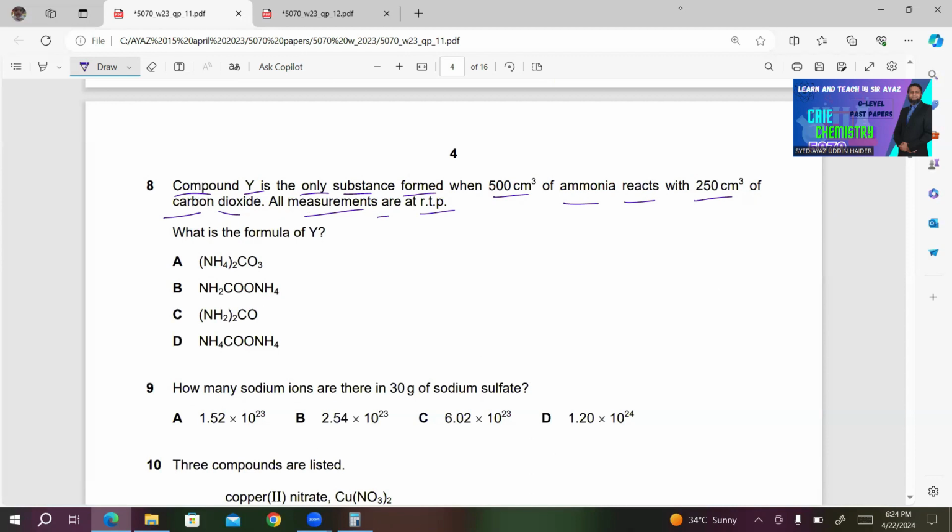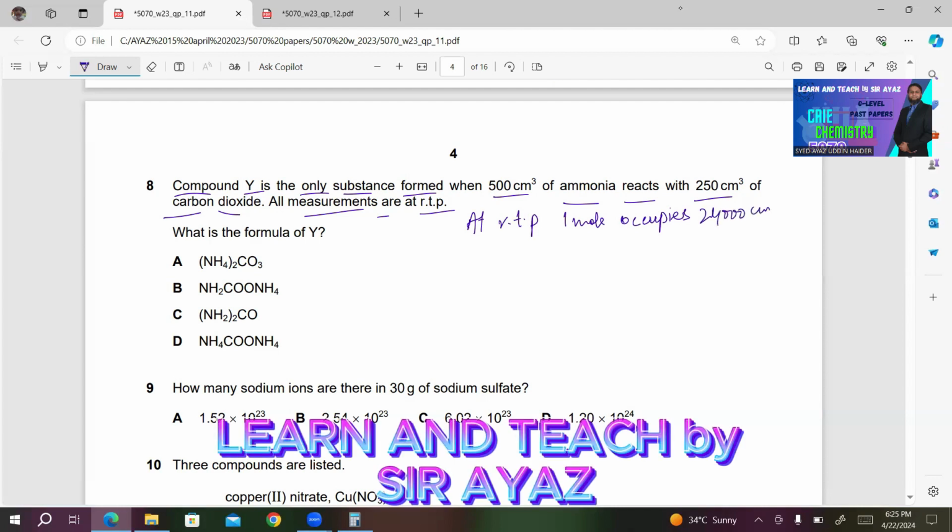Now what I will do, I will convert this into moles. We have 500 cm³ of ammonia. At RTP, we know that 1 mole occupies 24,000 cm³.